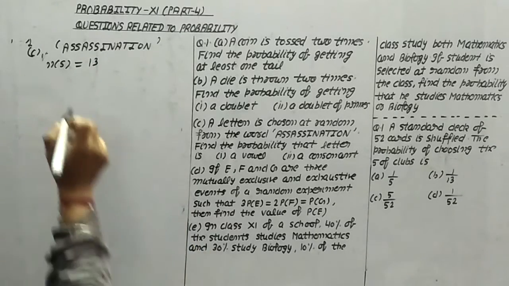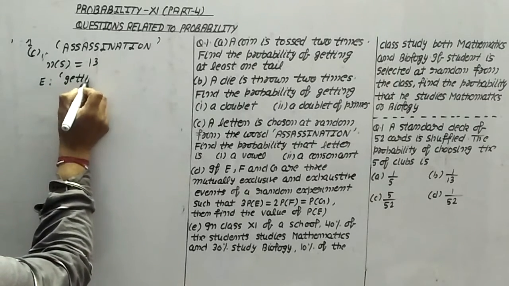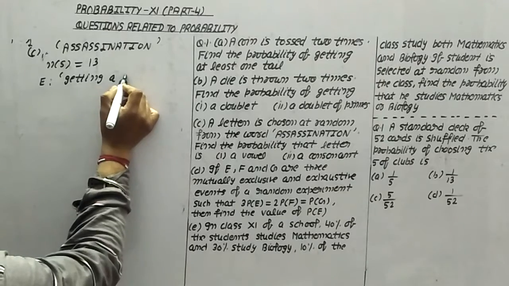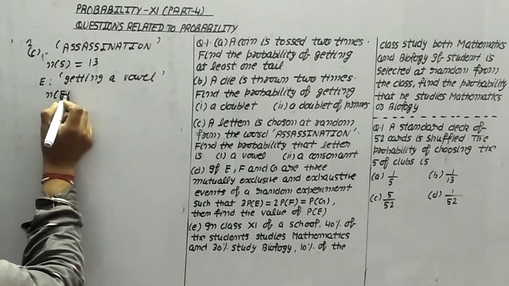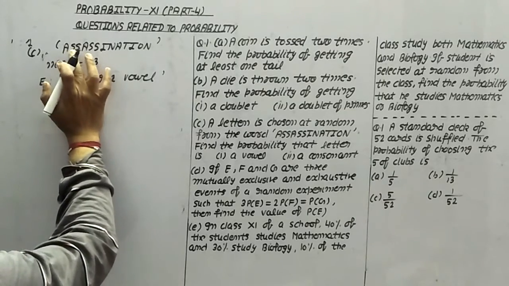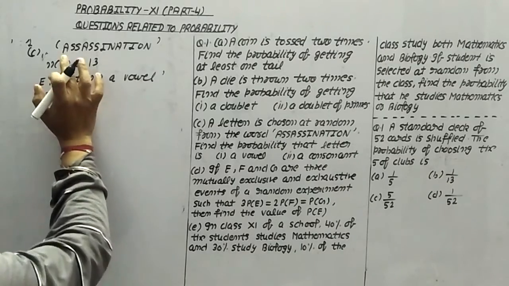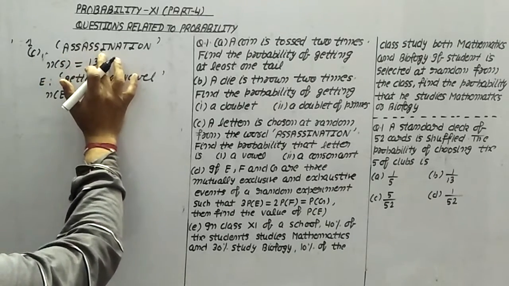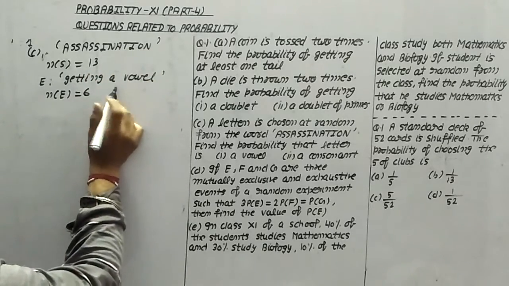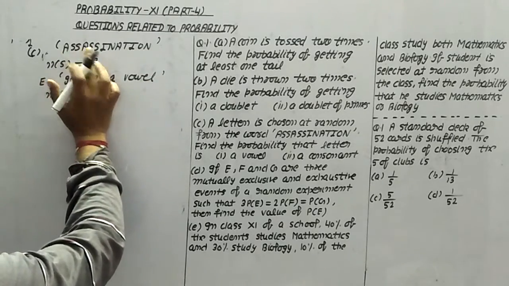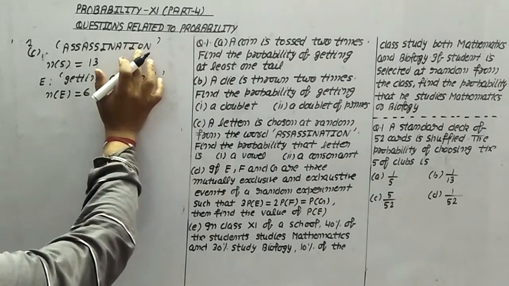Now first of all, the first is a vowel. It means let E be the event getting a vowel. Getting a vowel. Now for this, you can easily see the number of elements in E: A, E, I, O, U. Again A 2 times, 1 2, 3 this is I, 4, and O 5.